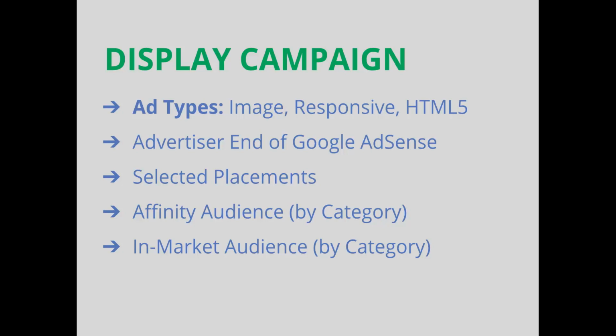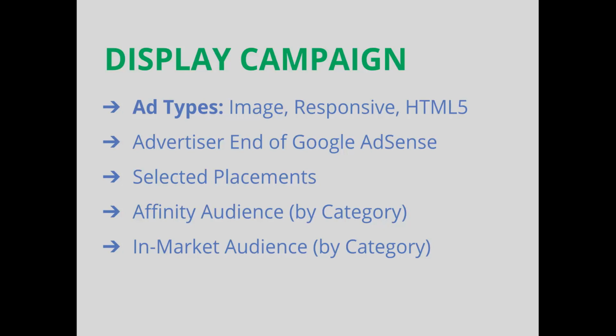And when it comes to display campaigns, unlike Google search, keywords are not necessarily the best ways to target. This might be more demographic oriented, and you can either select your placements domain by domain, or you can select demographics by affinity audience, which is just a bunch of different categories that Google lets you choose from.